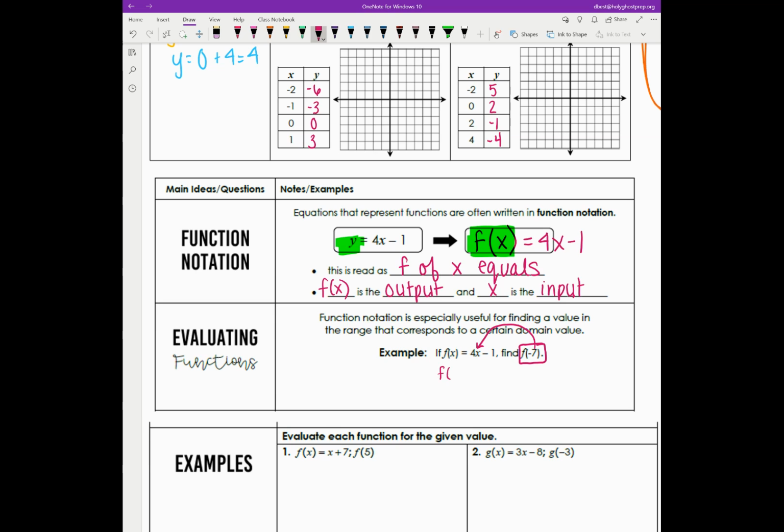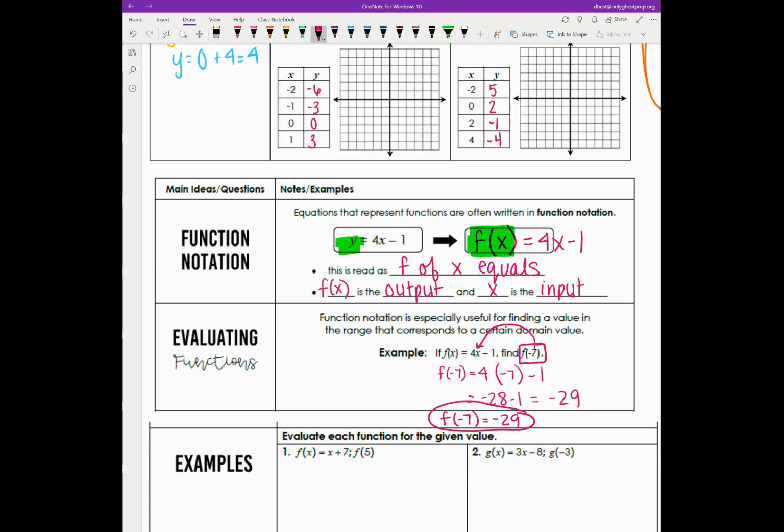So I'm going to say f of -7 equals, and I'm going to do 4 times -7 minus 1. It just tells you what your x value is that you're going to plug in. So we have -28 minus 1. This gets me -29. F of -7 equals -29.